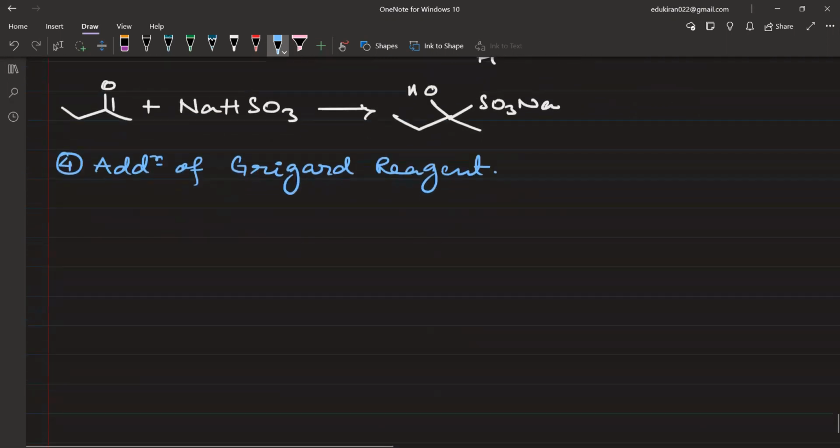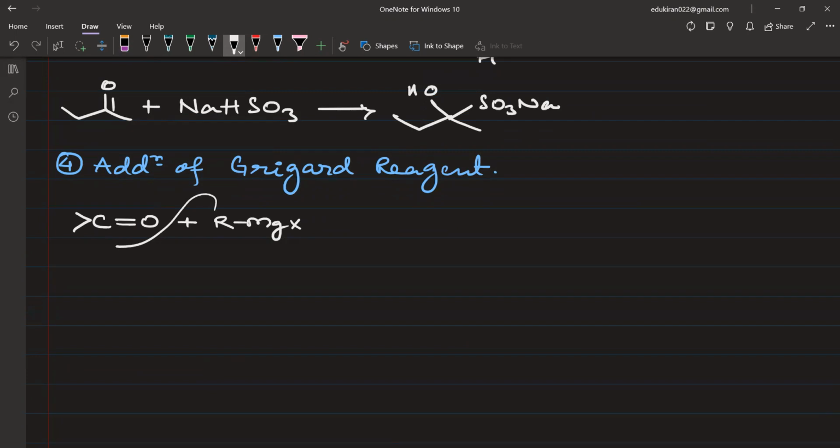Now write in Grignard reagent. This Grignard reagent we have already done in alcohols, phenols, and ethers. In the methods of preparation of alcohol, if you have C double bond O plus RMgX, the Grignard reagent is going to attack on the carbonyl carbon. The carbonyl carbon gives the pi bond to oxygen. You will have O, and here you will have R.